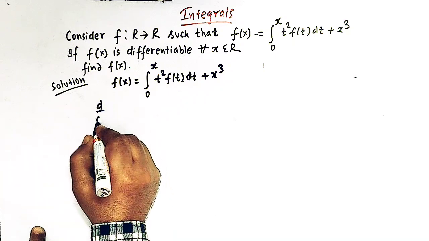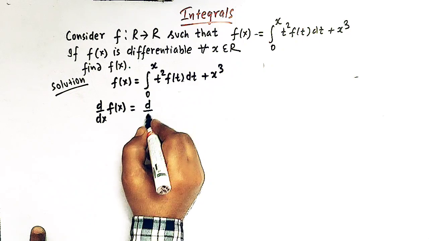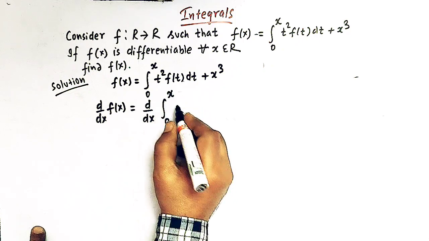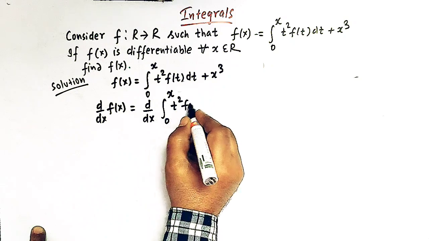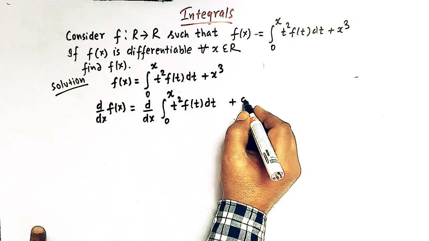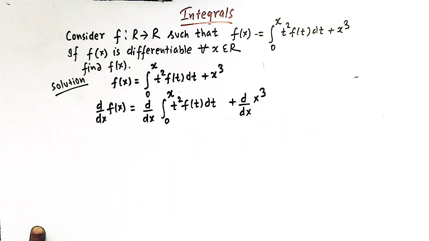So we have d by dx of f of x, and d by dx of this integral from 0 to x of t square f of t dt, and then we have to differentiate x cube with respect to x.